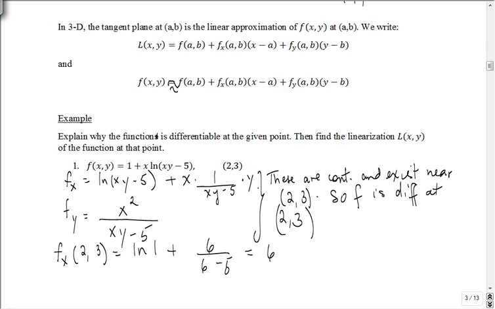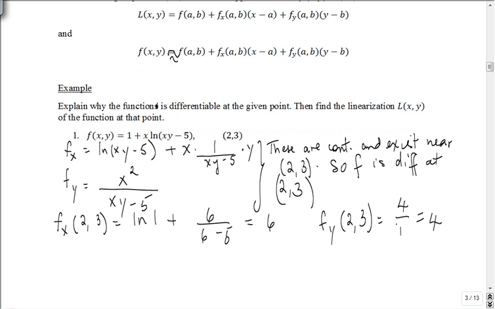Right away, let's find fy at 2, 3. That's 4 over 1, which is 4. Then find f at 2, 3. Put that into the function. So that's 1 plus 2 times the natural log of 1, which is 1.